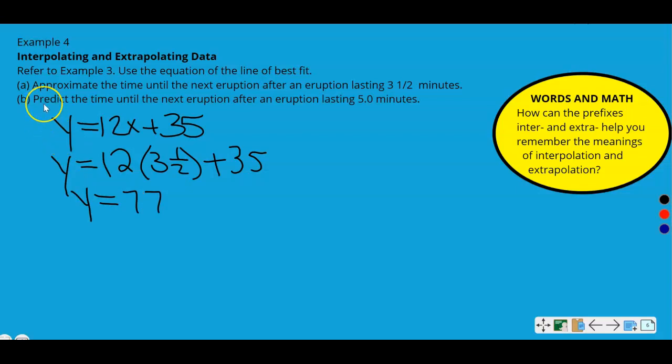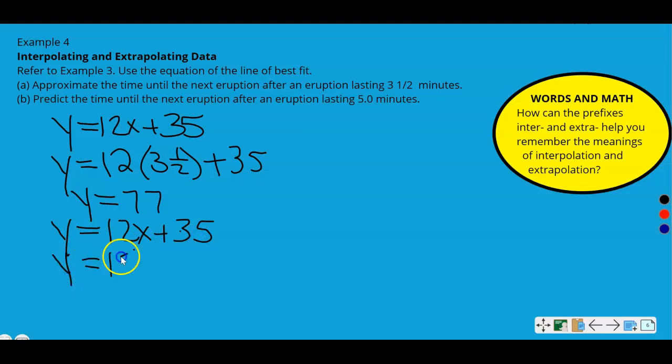Let's look at part B. Predict the time until the next eruption after an eruption lasting 5 minutes. We're going to do the exact same thing. We have y equals 12x plus 35.